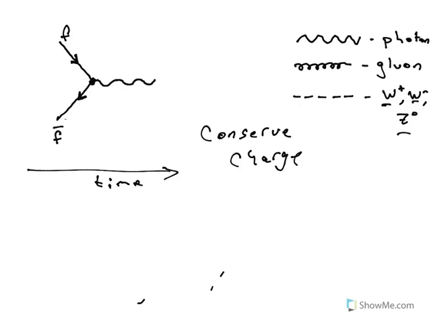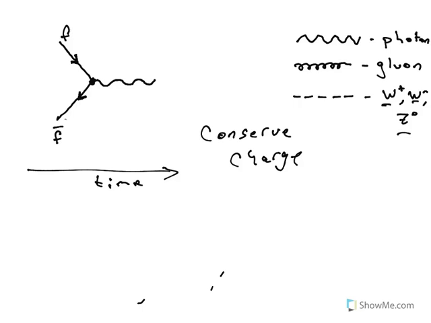Well, because the W's are charged, W plus means it's a positively charged W boson, you would look at the vertex, at what particles are coming in, what their total charge is, and what particle is coming out. And they better have the same charge, because you have to conserve charge at every vertex. So we're going to be using that a lot as a rule to figure out which particular interactions are legal, which are illegal, or, given a particular Feynman diagram, fill in what's missing, things like this.